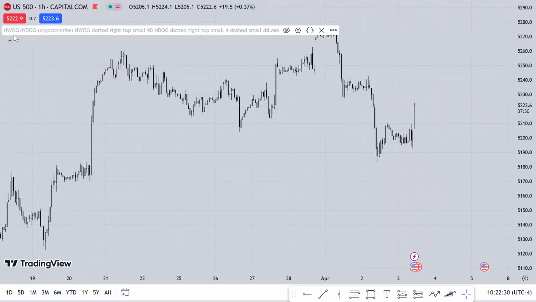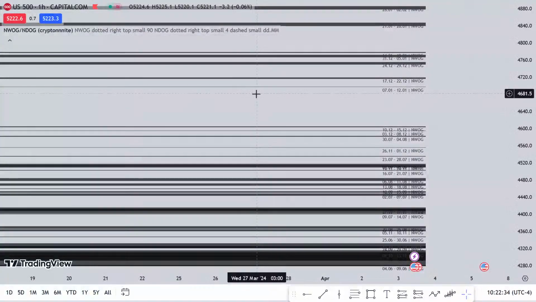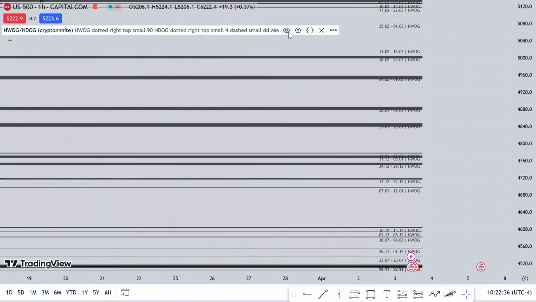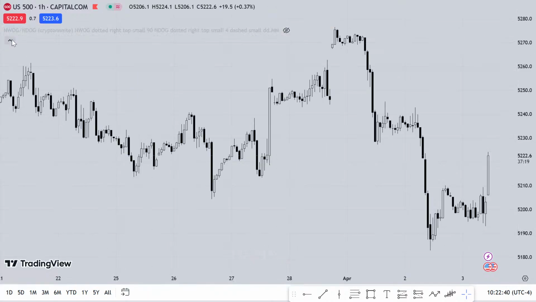When a new week opening gap is large like this, let me take this off. I hate indicators, but this indicator by Kryptonite is just easy to use.